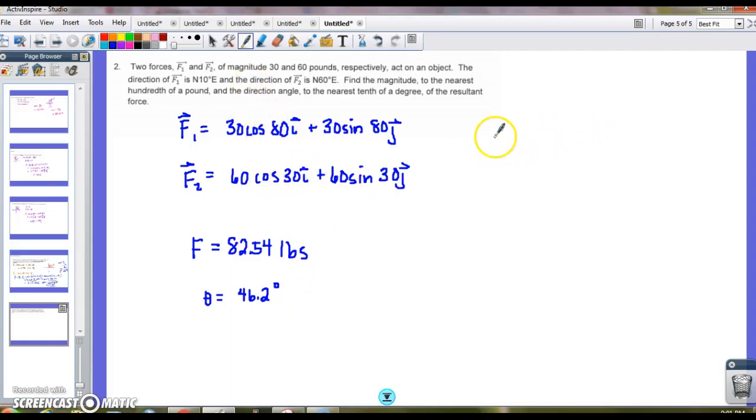To get F, you're just going to combine your i's and combine your j's. And for F, you would get 57.17 i plus 59.54 j. I'm going to leave it up to you to make sure that you get the same answer there. But that's how you would go about doing it.